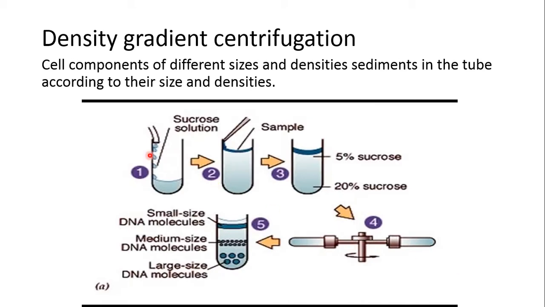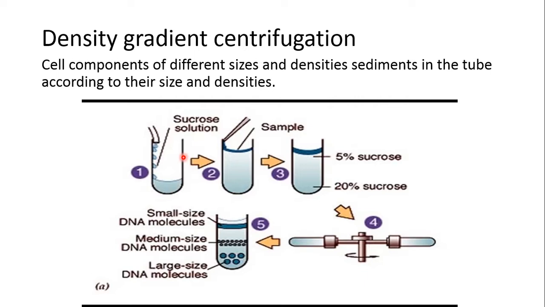Here you can see, this is a test tube. We want to separate our sample, that could be any cell contents including any organelle or only one organelle. For example, here we are going to separate our DNA molecules. So we will put our sucrose solution into this tube.